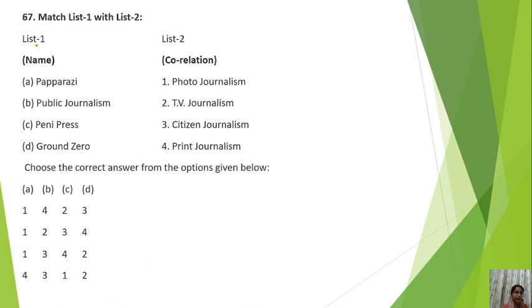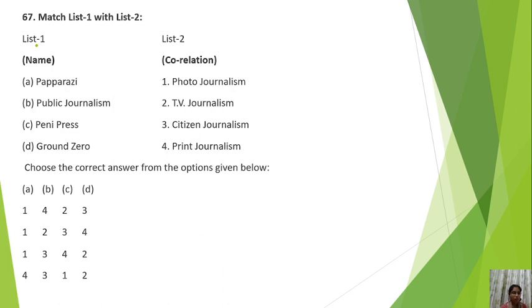Now the next list asks us to match the name with the correlation: paparazzi, public journalism, penny press, ground zero. This is a very easy question. Paparazzi, we many times hear about paparazzis. Paparazzis are photographers who follow celebrities and click their photos, sometimes forcibly also.